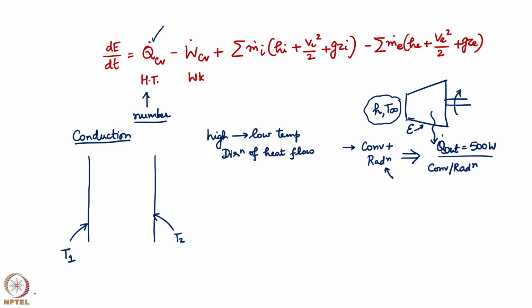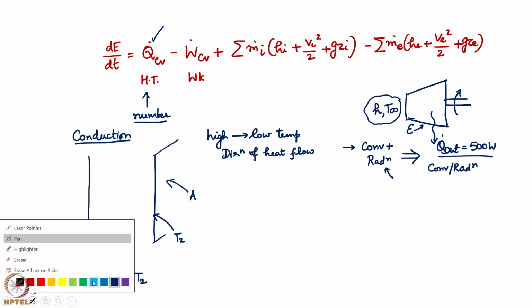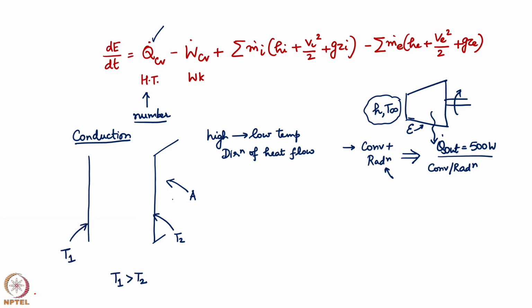Correct? So if this entire wall is at T1 and let's say T1 greater than T2, this is the area required for heat transfer. So this is the area which I am talking about. And if I say the direction of heat flow is perpendicular to this surface, orthogonal to the surface.